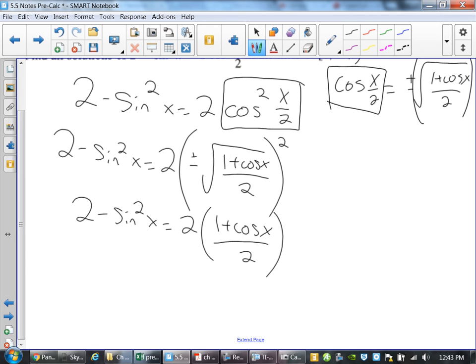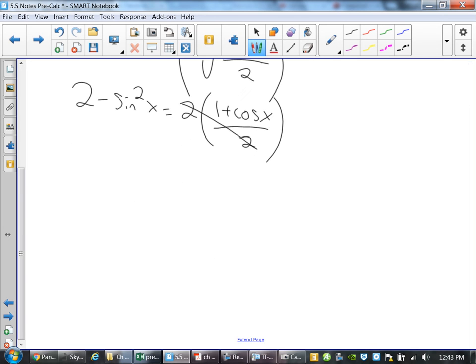Now what drops? The 2's drop, and you get 2 minus sine squared is 1 plus cosine of x.